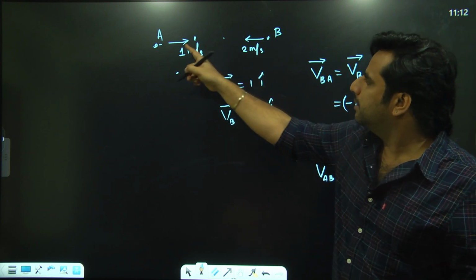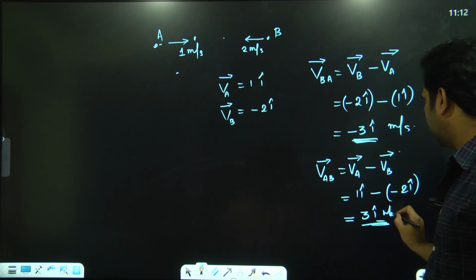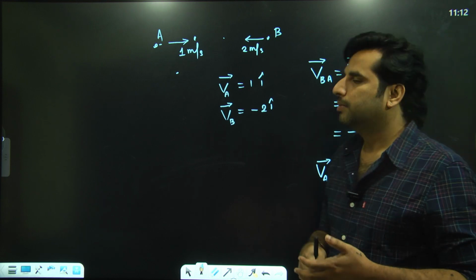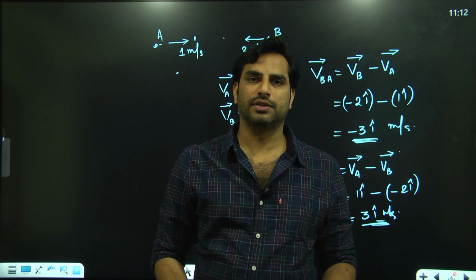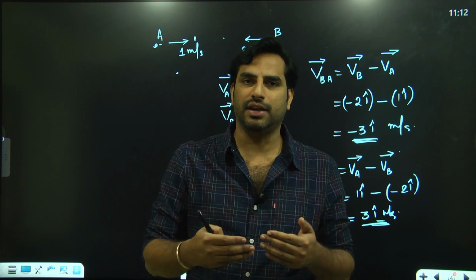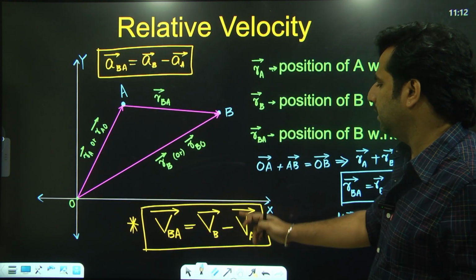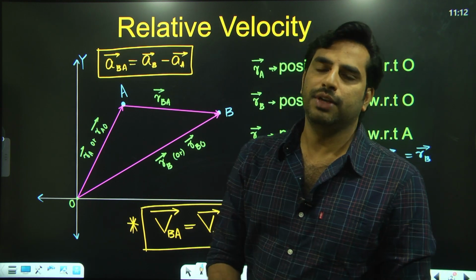As observed by B, A is moving towards right, that is towards B, at the rate of 3 meter per second. This is the relative velocity of A with respect to B. So whenever you are working from a particular frame of reference, whenever you have to calculate the relative velocity or acceleration, all you should remember is this single equation, V_BA bar is V_B bar minus V_A bar.